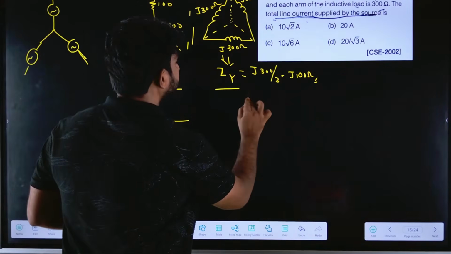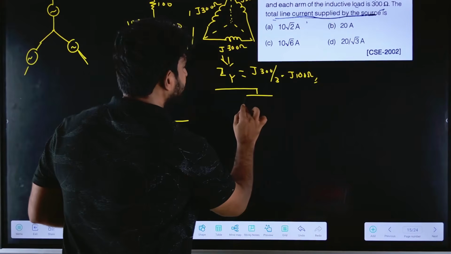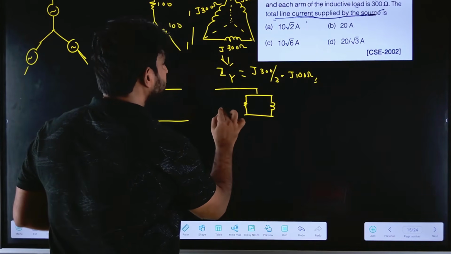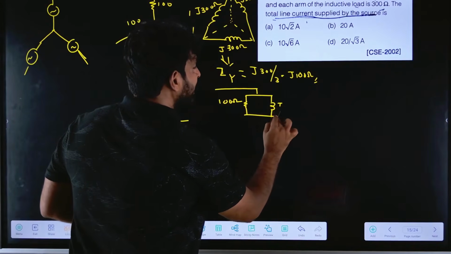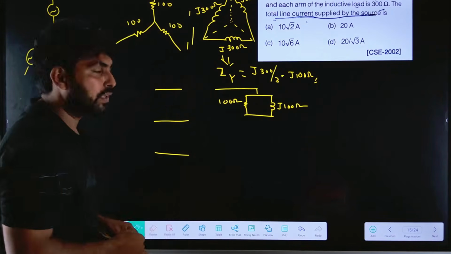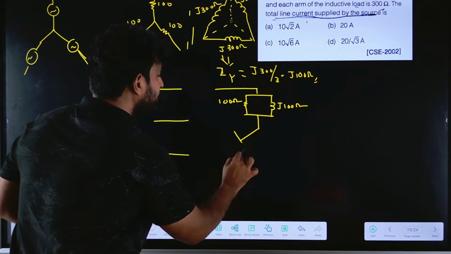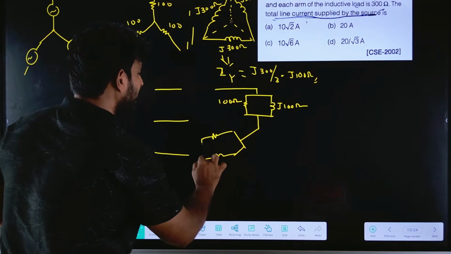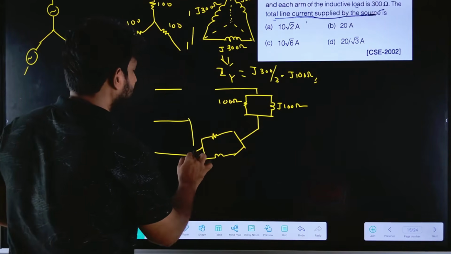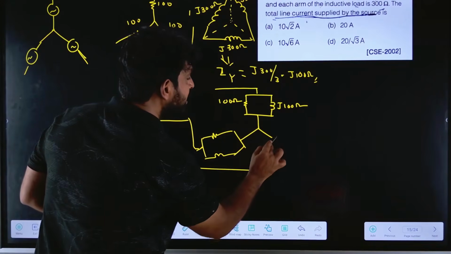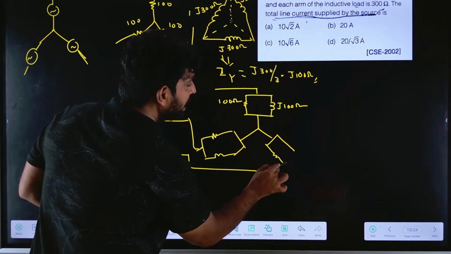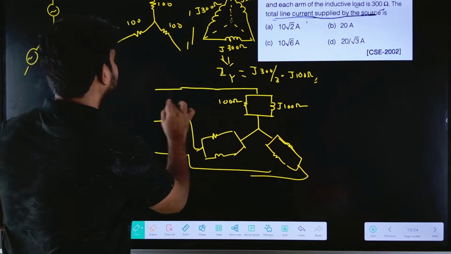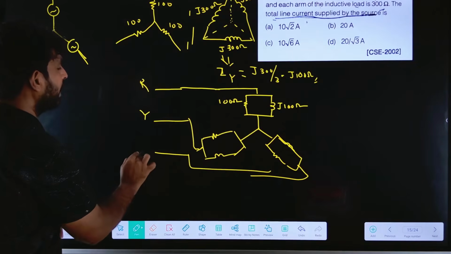So the load will be like this: a 100 ohm resistance and a J100 ohm inductance are connected in parallel. Right? Now it is R, Y, and B.